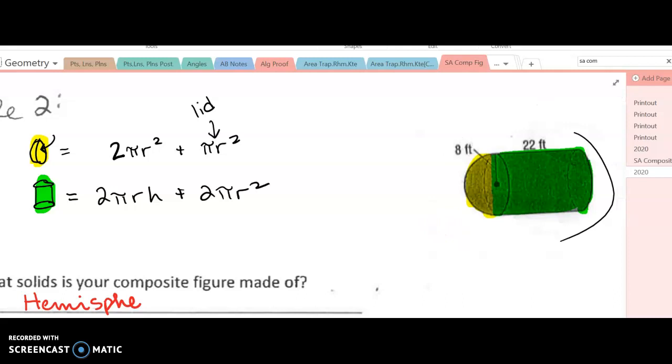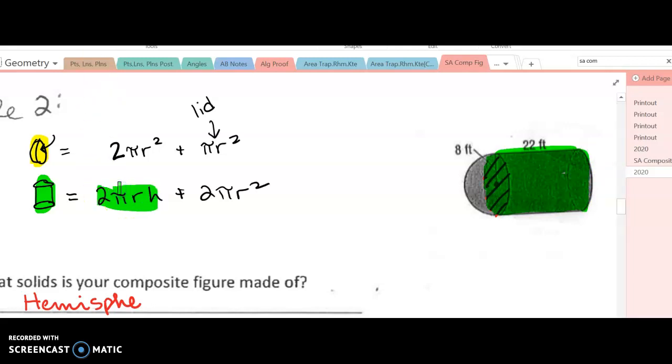So I hope you're thinking about this circle on the inside a lot. Let's start with the cylinder because that's the easier part, I think. On this cylinder, we have the whole lateral area is being used.